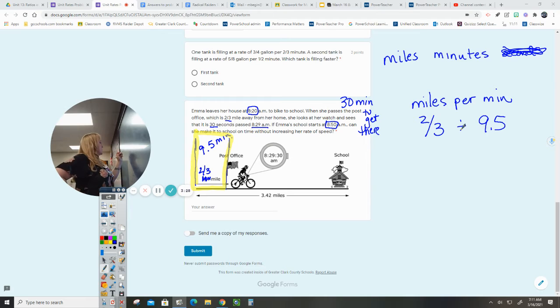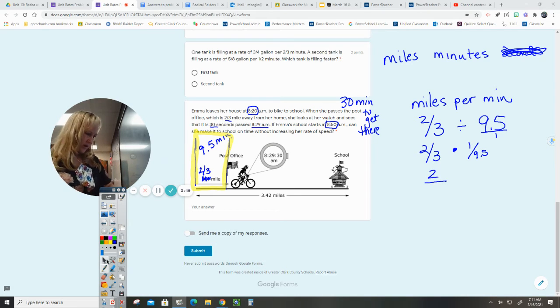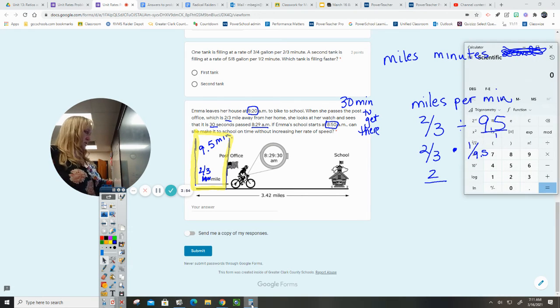Okay, so doing fractions, 2/3, keep, change, flip. So in order to flip this, I've got to do that. Perfect. Multiply across the top, 2 over. And I know that you're going to have a calculator when you are able to take this test. So as soon as my calculator opens, we're going to do 3 times 9.5. 3 times 9.5 equals 28.5.